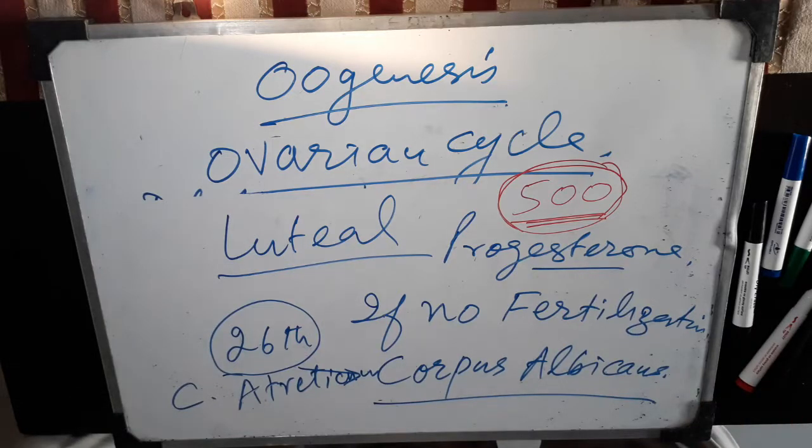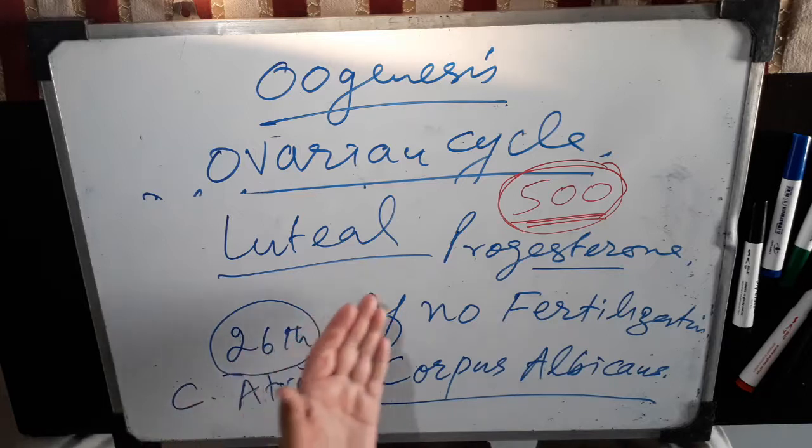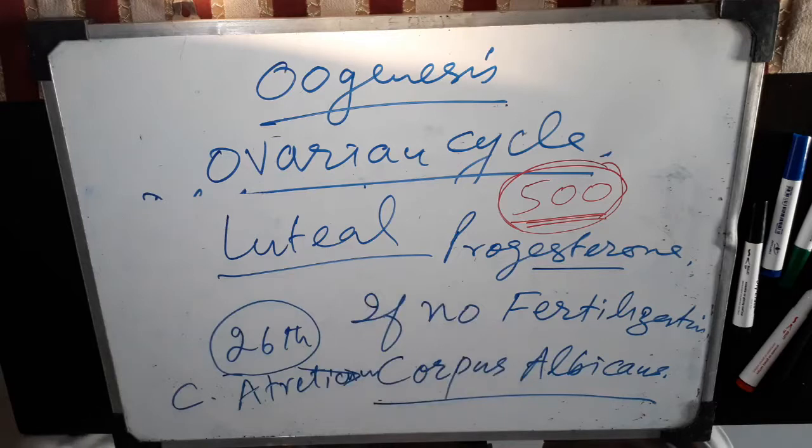So the oogenesis never completes until fertilization. Mind it, oogenesis never completes until fertilization. So it remains in the secondary oocyte if there is no fertilization, so there is no completion of the second meiotic division and no ovum is formed.